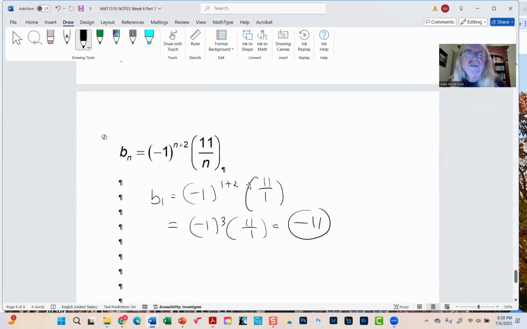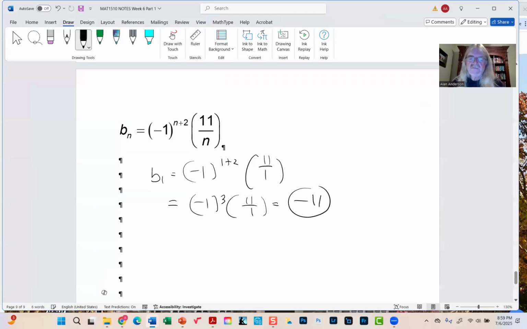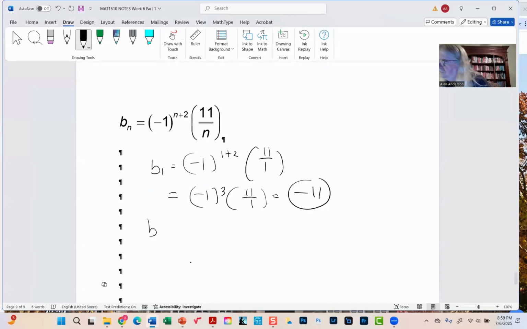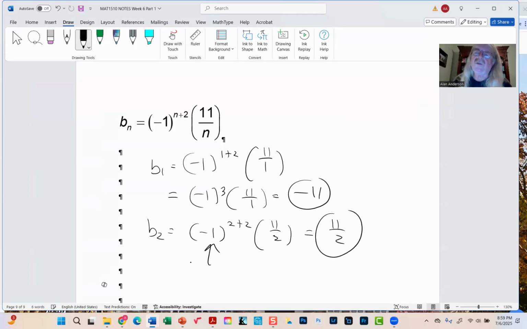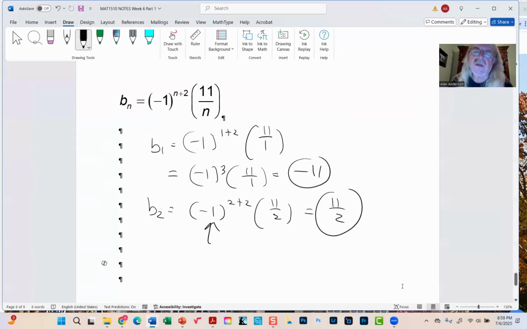Just start with -1, and then when we go to 2, so this part is just going to cause the sign to alternate back and forth between negative 1 and positive 1.